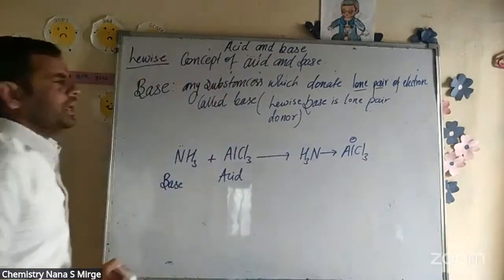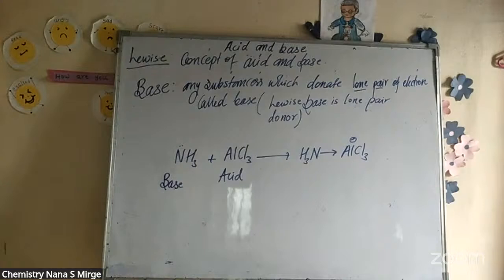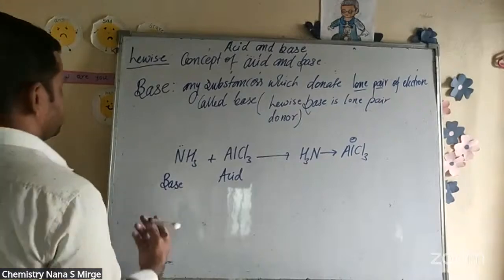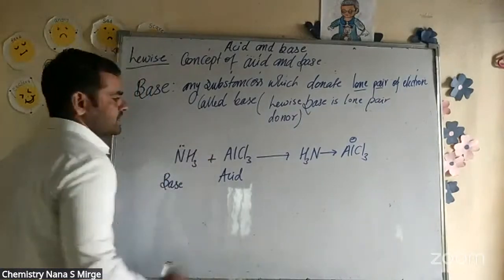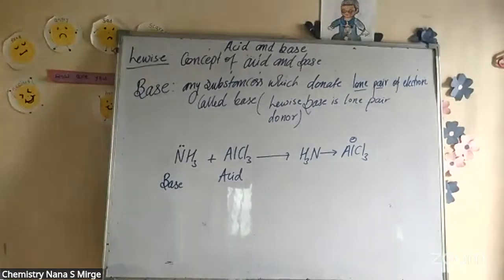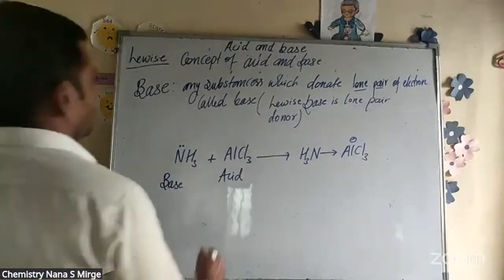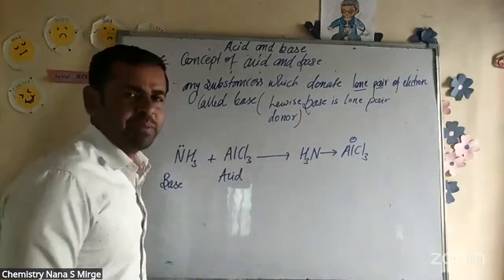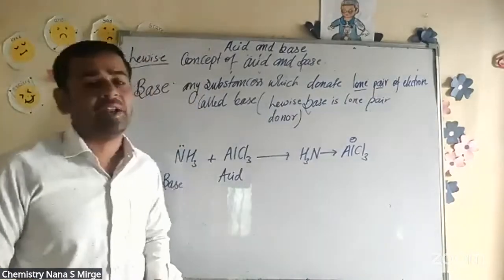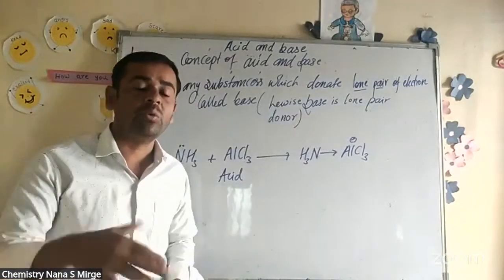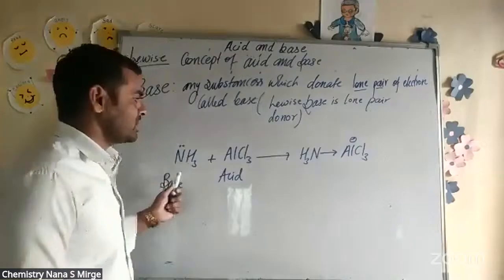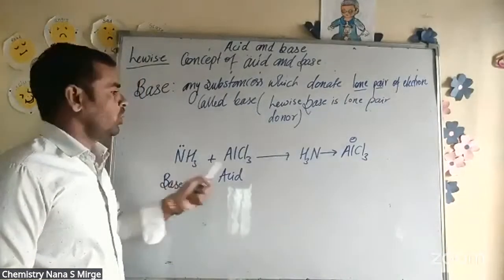So according to the Lewis concept, any species which has a lone pair and donates it is called a Lewis base. It has available electrons to donate, a lone pair donor. So it has a lone pair, so it will donate the lone pair.